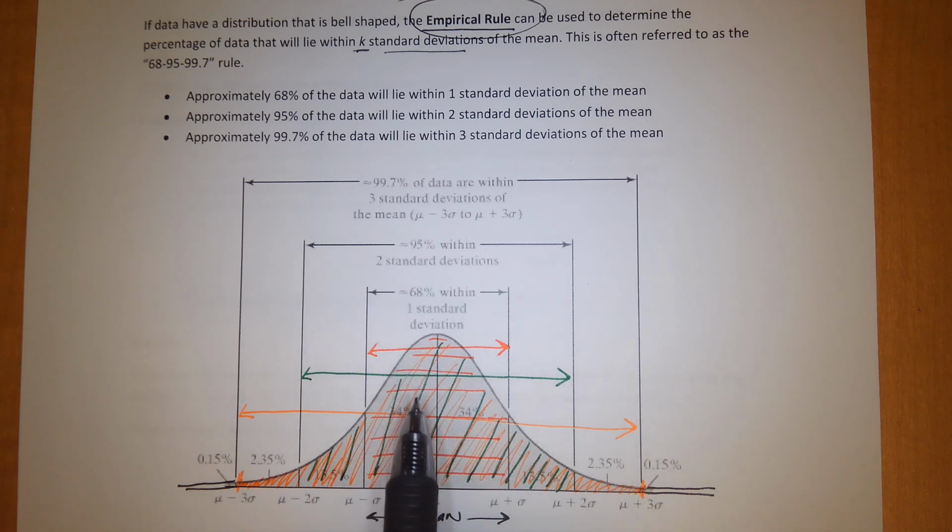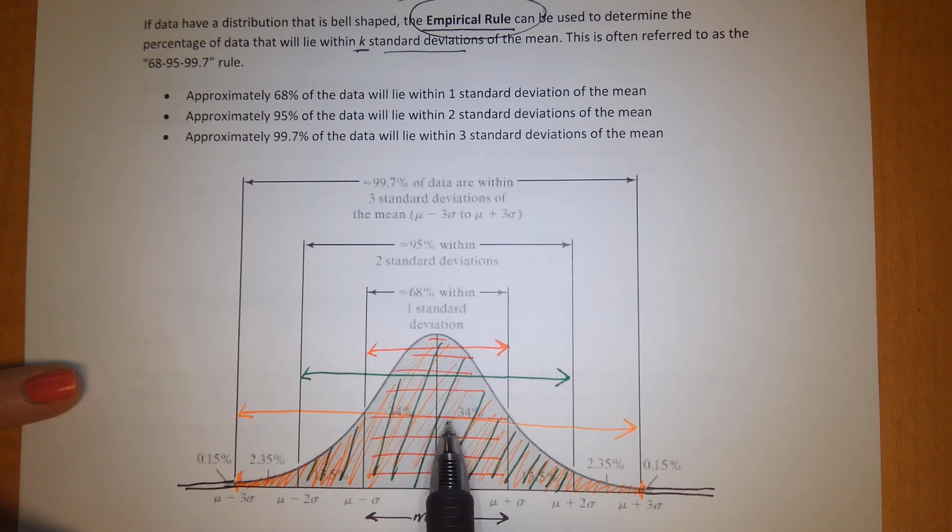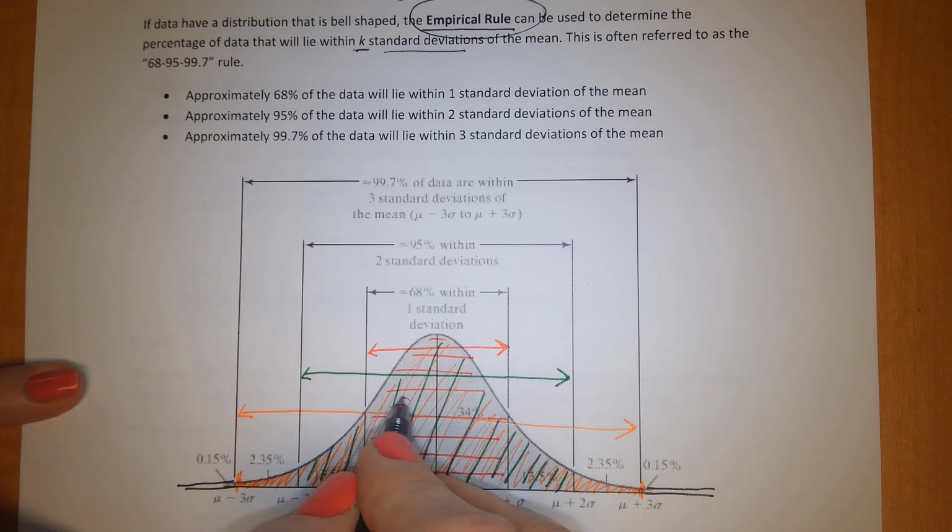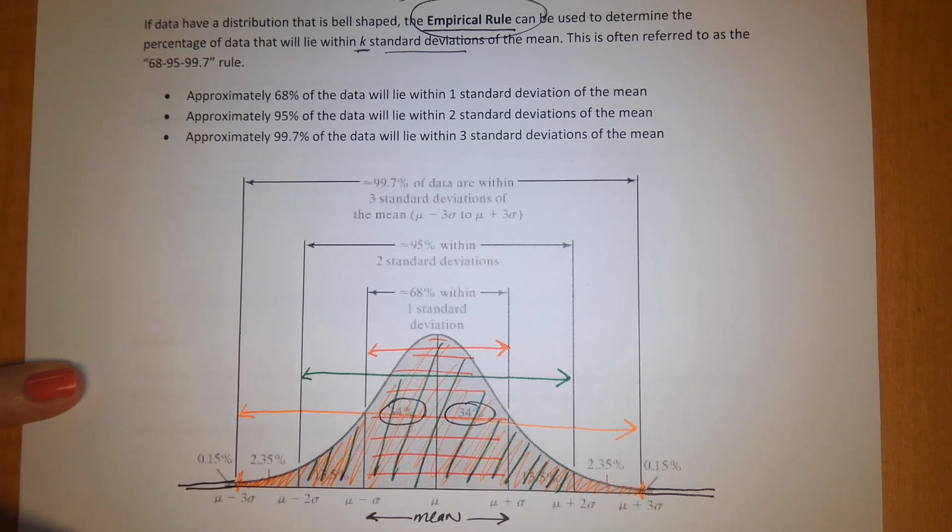If I were to break those deviations down into percentages, this middle 68% can be broken down into 34 and 34%. If I break down the middle 95%, it would break down into 34, 34, plus 13.5 and 13.5, and those four numbers all add up to 95%.